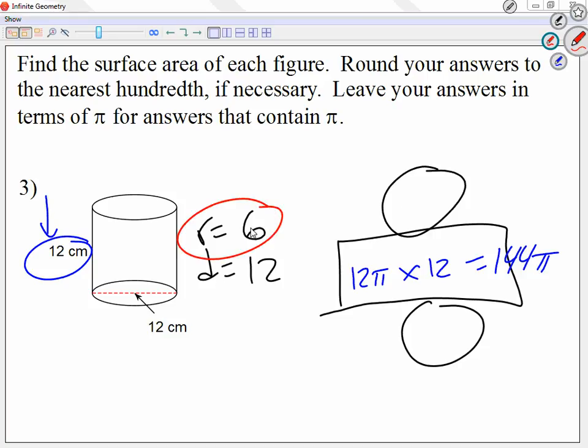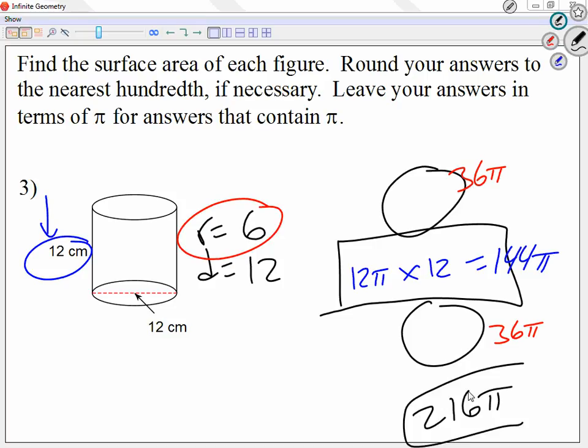The radius is 6, so I'm going to call this 36 pi. 6 times 6, right? I multiply it by itself. 6 squared. That's how I got the 36 pi. At the end, you should get what? 216 pi. Remember, cylinders I'm looking at as a prism, a rectangle, and two bases.